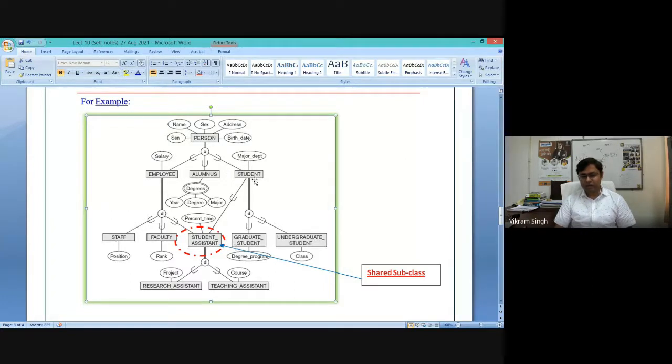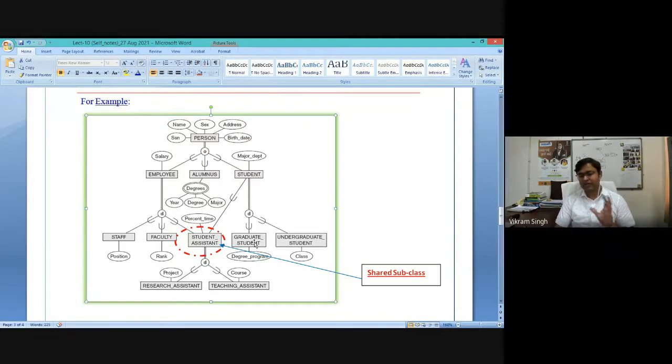So now if you see, there is a specific specialization of student based on his degree. Now you can see here, we have placed a D, which is disjoint. It means all the students currently enrolled in the institute could be arranged in two disjoint sets.